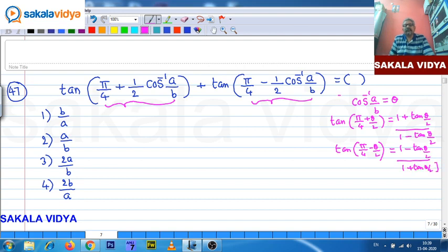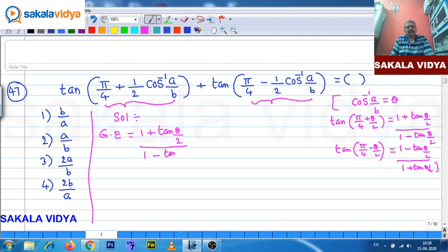Okay. So now, in the solution, the given expression becomes like this: (1 + tan(theta/2)) / (1 - tan(theta/2)) plus (1 - tan(theta/2)) / (1 + tan(theta/2)).